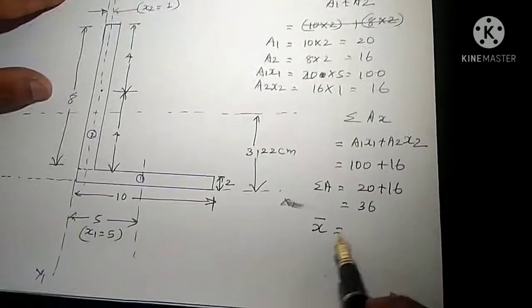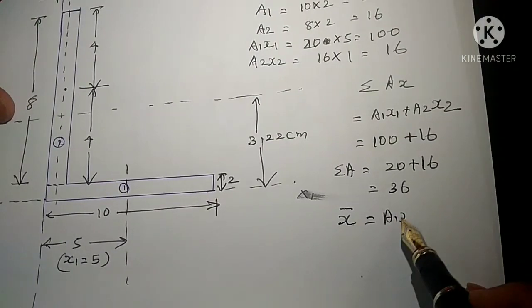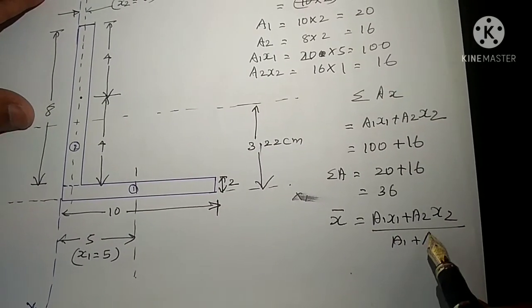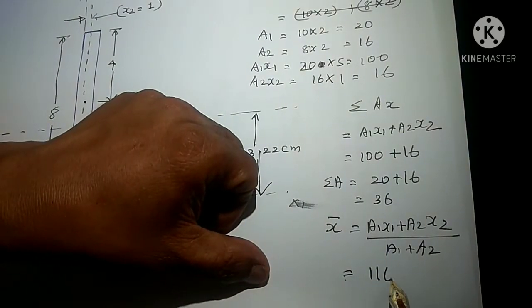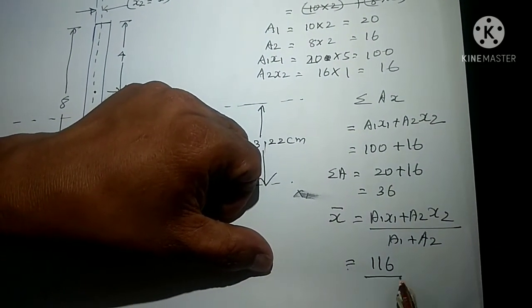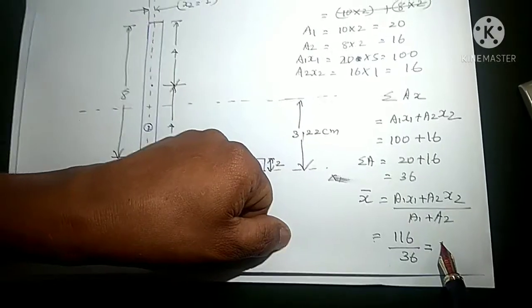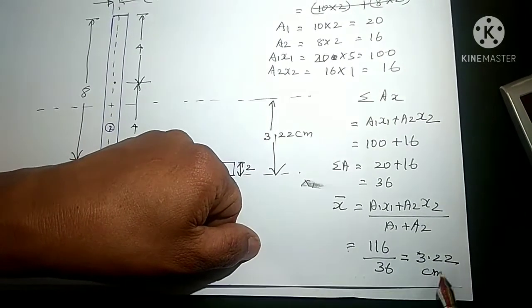Therefore, x bar is equal to A1 x1 plus A2 x2 divided by A1 plus A2, which is equal to 116 divided by 36, which is equal to 3.22 centimeter.